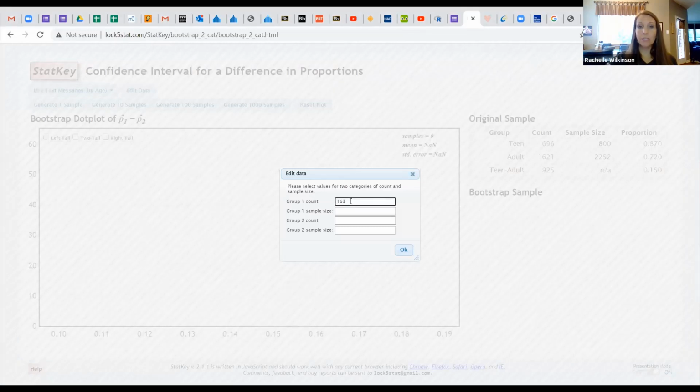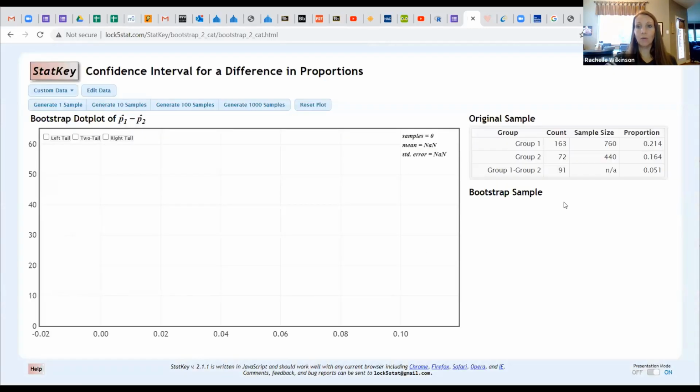There were 163 females who thought they were overweight out of a total of 760 females. For the males, there were 72 males that thought they were overweight out of a total of 440. I click on OK. Notice over here in the upper right-hand corner, it gives us those sample proportions that we computed earlier, and it even gives us the difference in those proportions here.